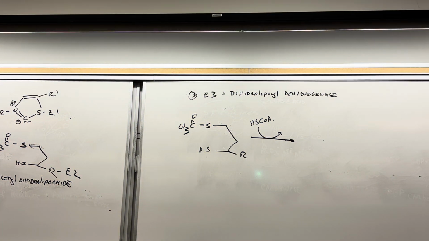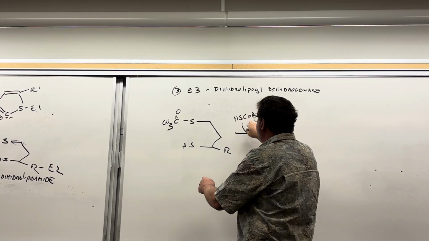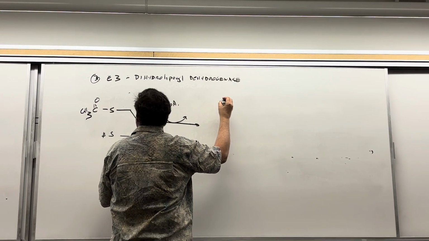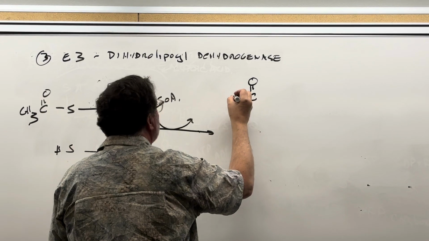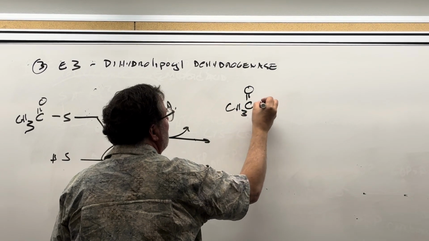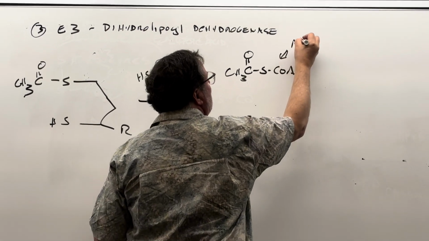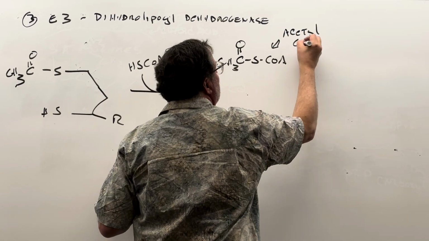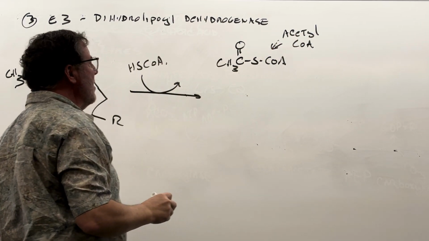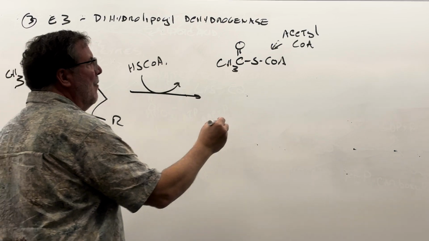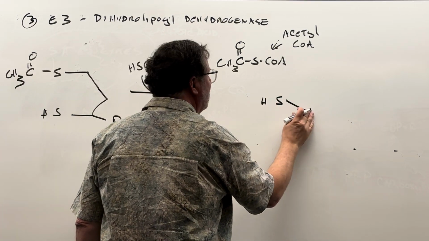All right. So we bring our coenzyme A here, and then that is going to give us our acetyl-coenzyme A. And then we have a fully reduced lipoic acid.